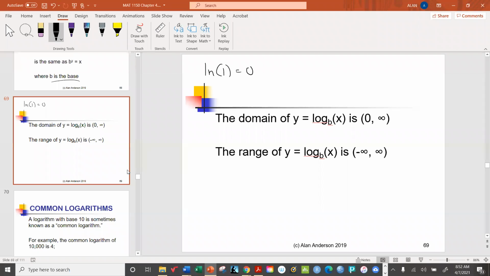Why? Because e to the 0 equals 1. The same thing could be said of log base 10, because 10 to the 0 power equals 1. So that's going to be true for all logs. They'll all cross the axis at (1, 0).